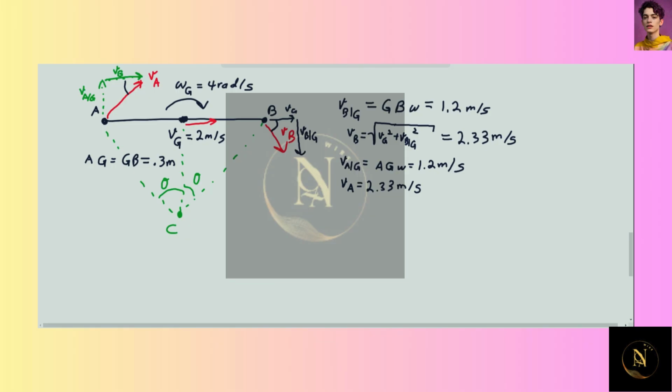So we can look at these triangles and say the tangent of theta is going to be VB with respect to G over VG. And this just comes from the opposite side over the adjacent side in this triangle. And this leads to theta as 30.96 degrees.